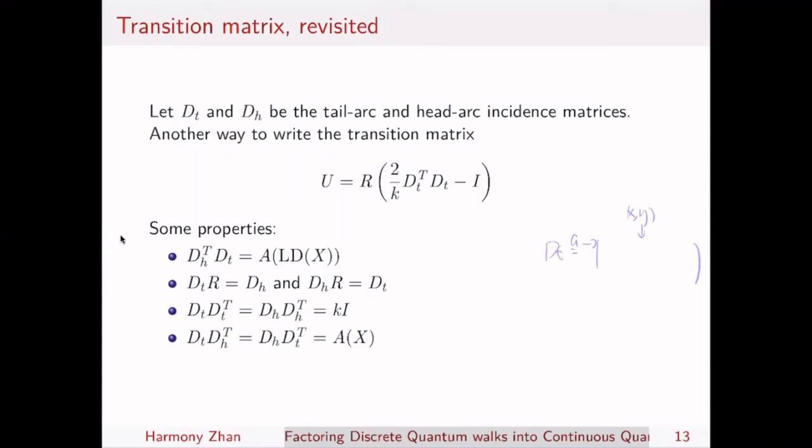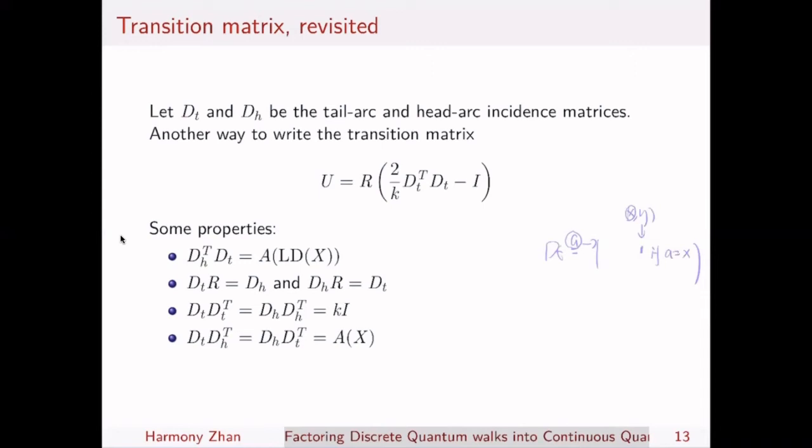And we will see a 1 in an entry if the row index is equal to the tail of the column index. So if a is equal to x. And you can define D_H similarly, just replace the tail by the head.